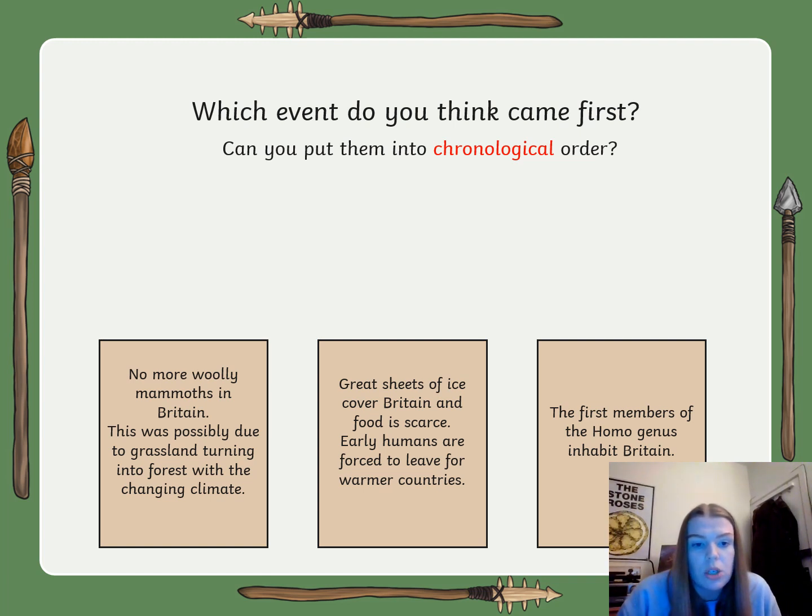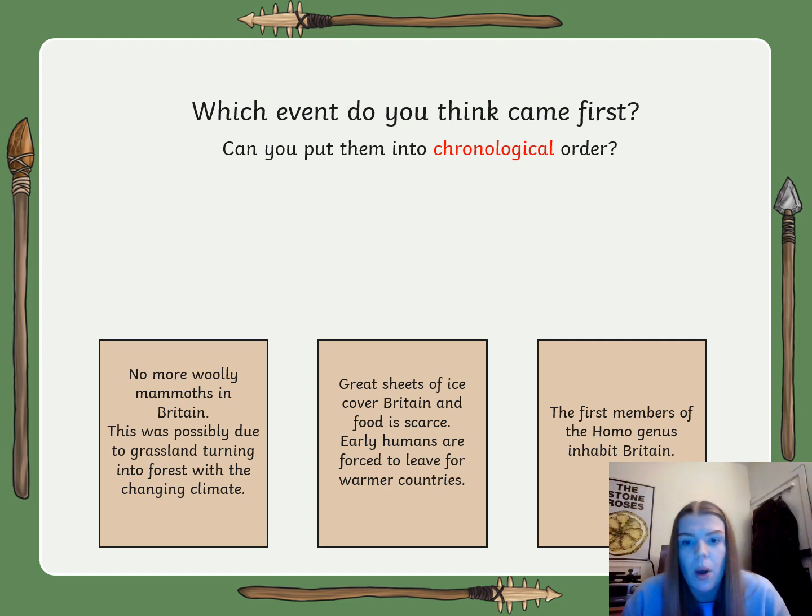This was possibly due to grassland turning into forest with the changing climates. Your second one, great sheets of ice covered Britain and food is scarce. Early humans are forced to leave for warmer countries. And your last one, the first members of the Homo genus inhabit Britain.